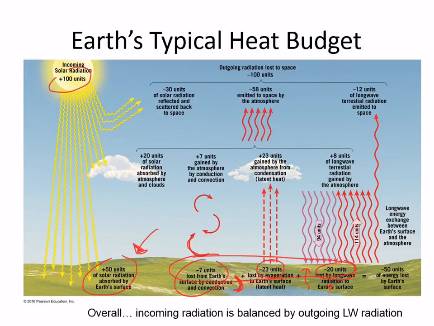It goes on to kind of show you that of the amount it loses, as far as outgoing radiation, 30 units right away are reflected back to space. 20 units, is that right? Yeah. 20 units are absorbed by clouds, and this is kind of showing this go back up the atmosphere.